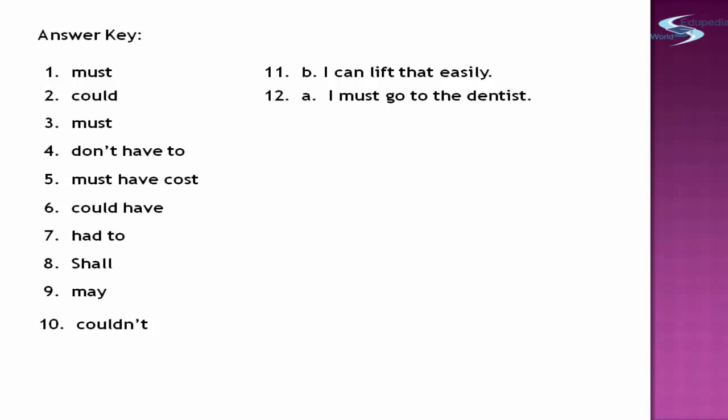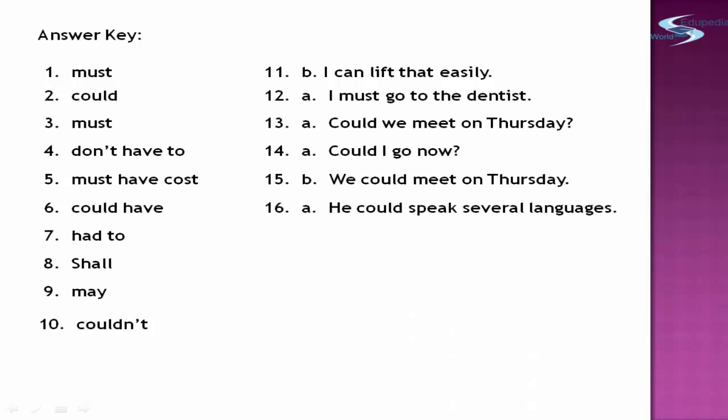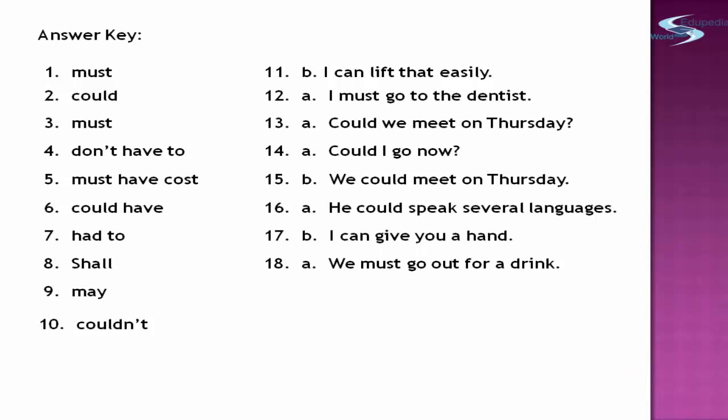Letter A, I must go to the dentist. 13, letter A, could we meet on Thursday? 14, also A, could I go now? 15 is letter B, we could meet on Thursday. 16th is letter A, he could speak several languages. 17 is letter B, I can give you a hand. 18th is letter A, we must go out for a drink. 19th is letter A, you should speak to a lawyer.